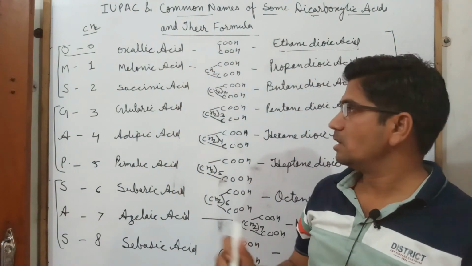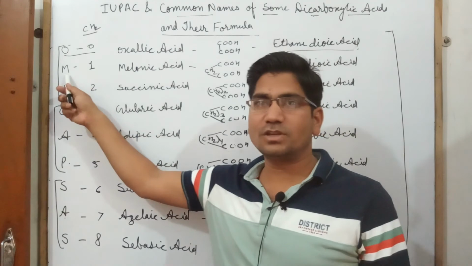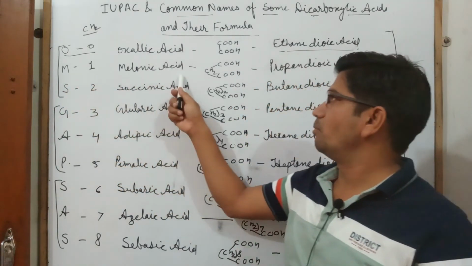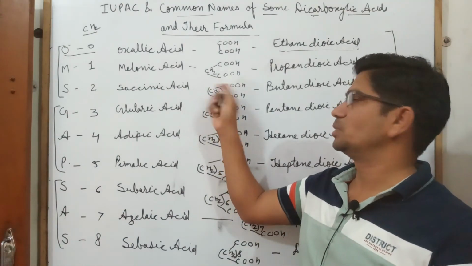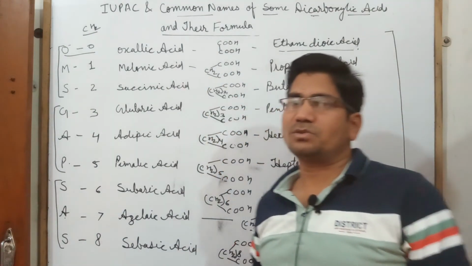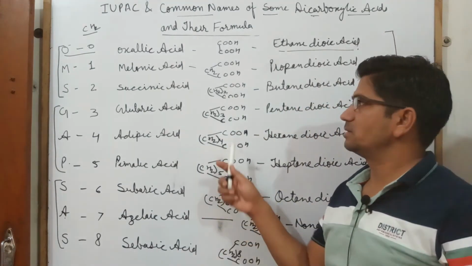If we talk about malonic acid, the number of CH2 is 1, so the formula will be COOH, CH2, COOH. We can write 1, but if one CH2 is there, there is no need to write 1.